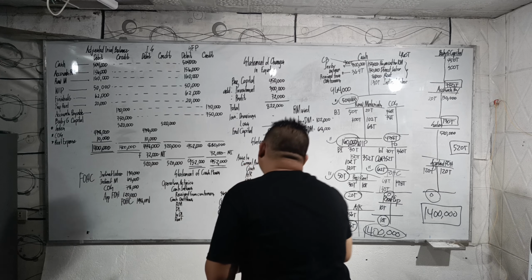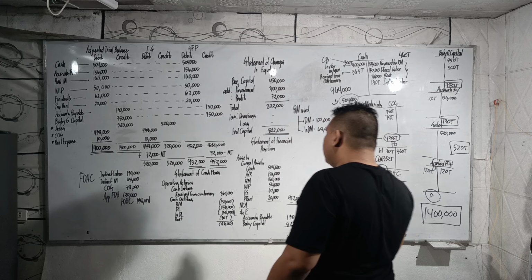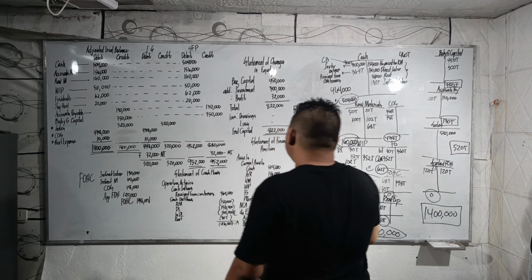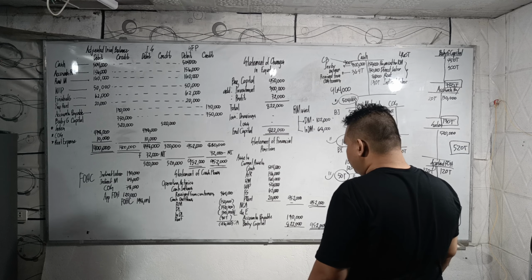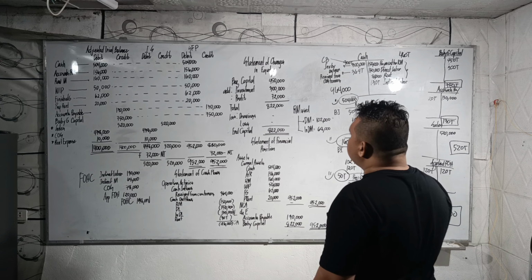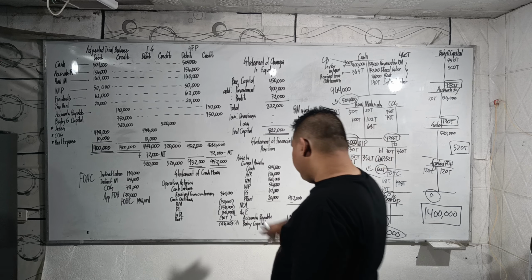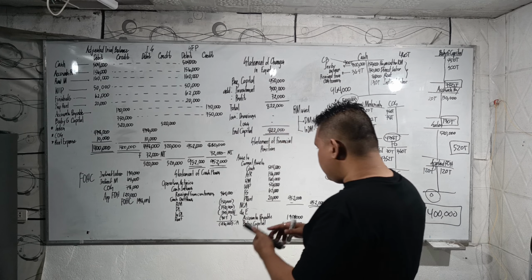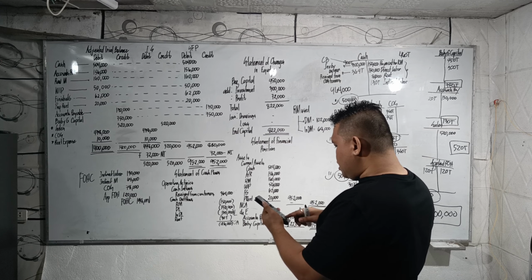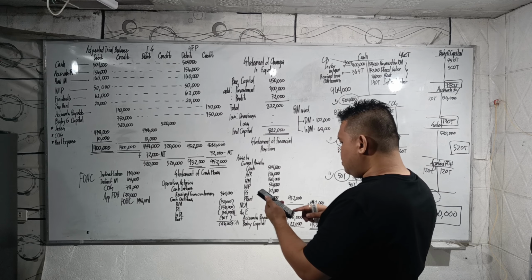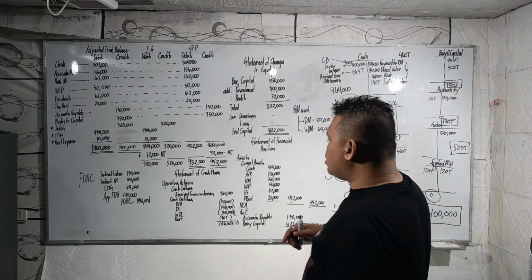You see, the cash flow from operating activities is not that really good because you only received 364 from the customers, but your cash outflows are greater. 150 plus 150 plus 130 plus another 30, 460 your cash outflow.